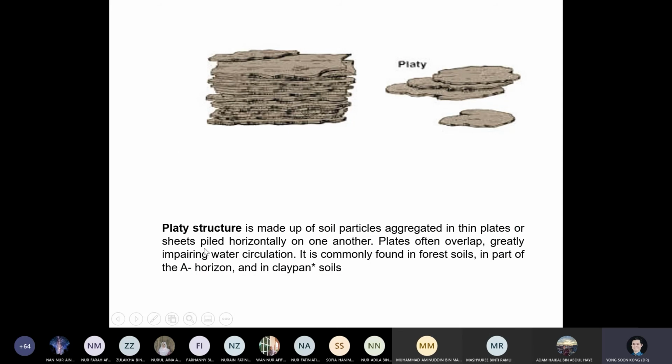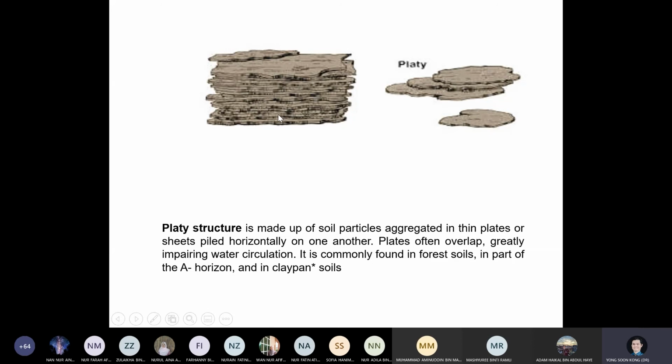So let's see. It is made of soil particles aggregated in thin plates and sheets piled horizontally on each other. They overlap and it greatly impairs water circulation. Like I told you earlier, they are formed due to a high percentage of clay, in which the wetting and drying process causes all these layers.